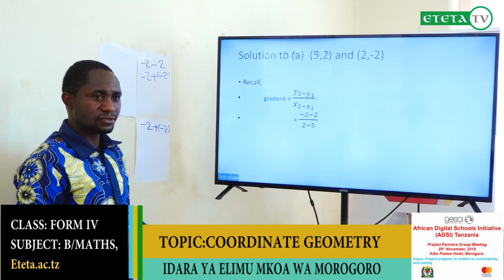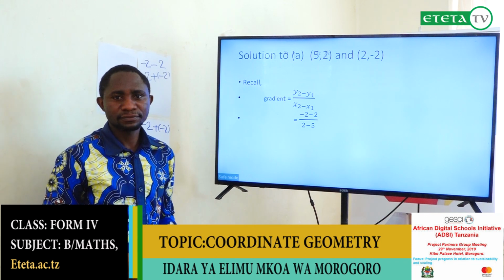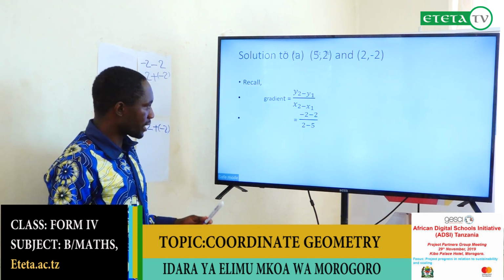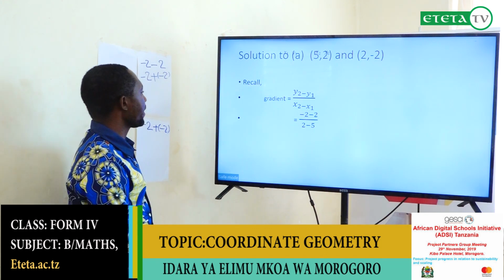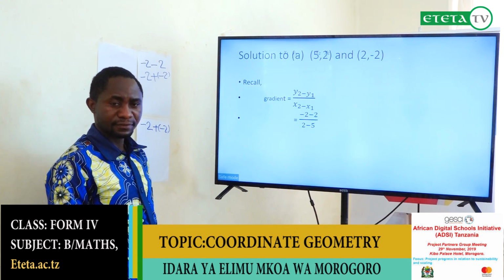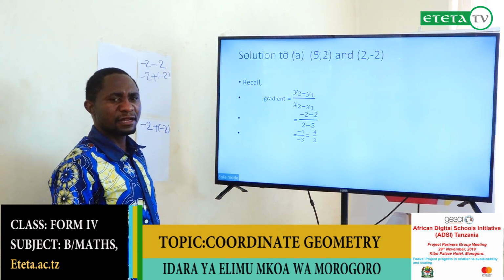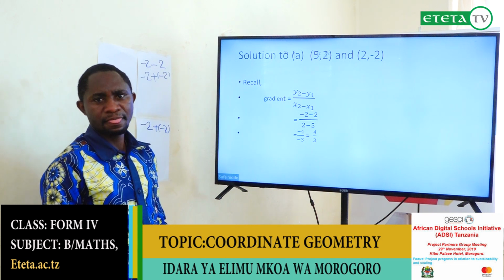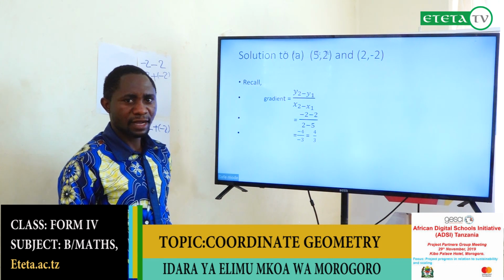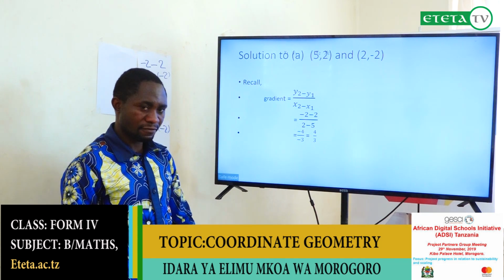Negative 2 minus 2 equals negative 2 plus negative 2, of which we get negative 4 divided by 2 minus 5, we get negative 3. Now we find that gradient equals negative 4 divided by negative 3. But negative divided by negative, we get positive. As you can see, we have negative here divided by negative, we get positive 4 over 3.